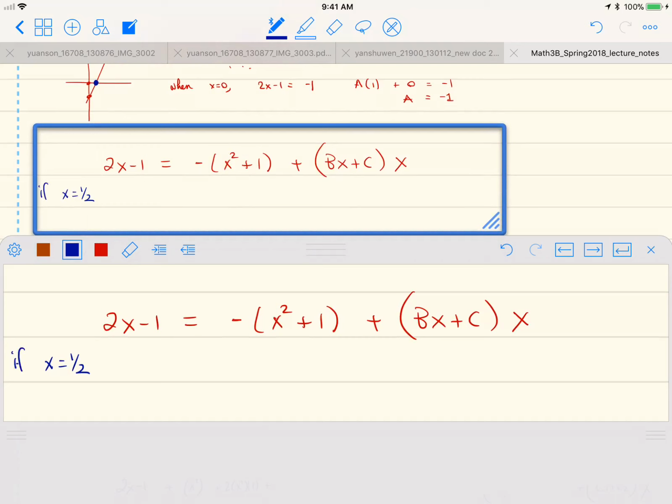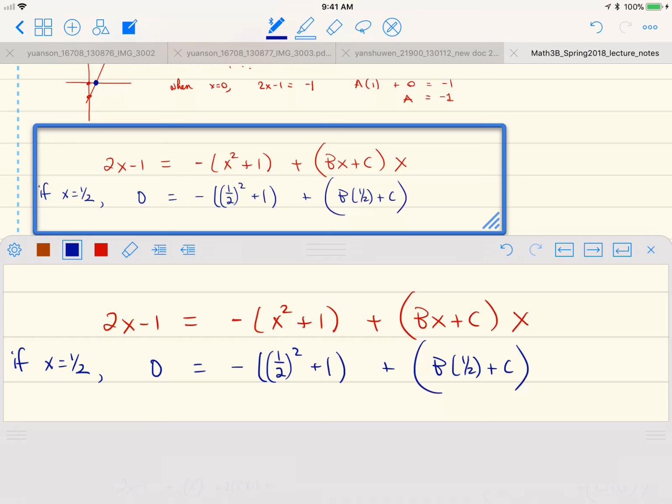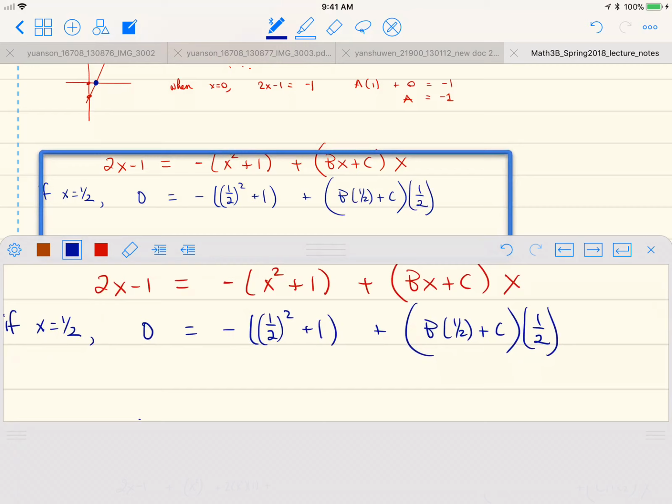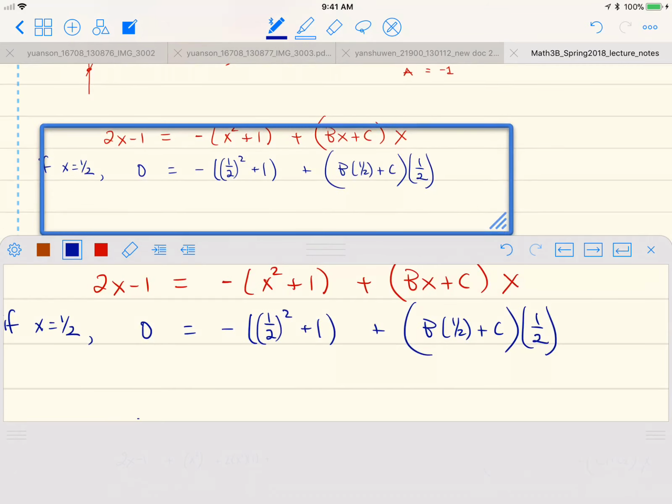So if x is equal to 1/2, 0 is equal to negative (1/2 squared plus 1) plus b times 1/2 plus c times 1/2. I can get equations more quickly than equating coefficients. So that'll be negative 1.25 plus 0.25b plus 0.50c is equal to 0.